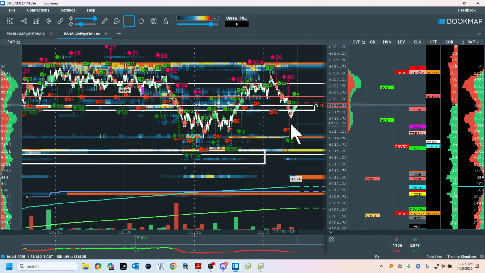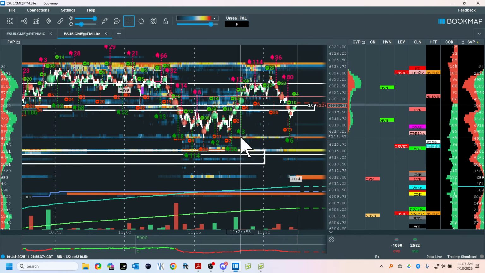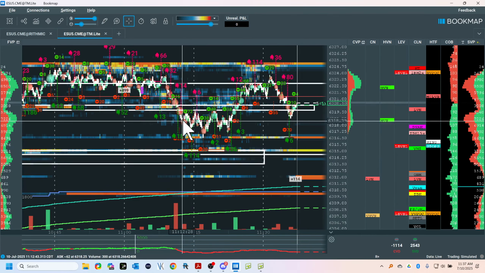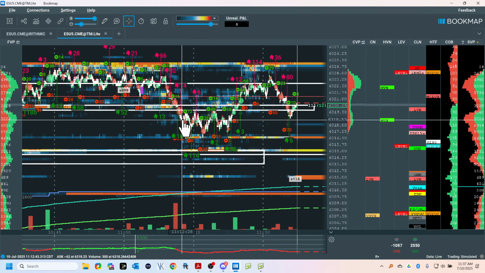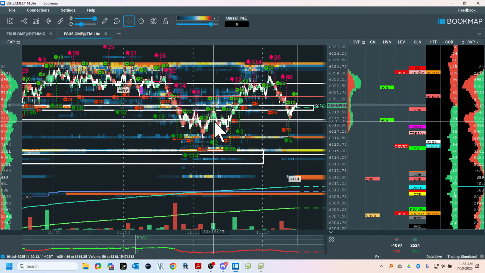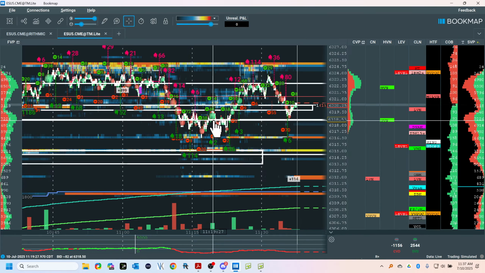I can't do it. Notice where the high volume node is. Let's look at this, and I've got to answer your question, JJ, about the measured moves. I use the IB extensions. Also, you can use any classical bar chart, our old stuff that we all learned in the Stone Age, pennants, triangles, any of that stuff works as well as anything. And it's not necessarily, I'm not going to use the term good or bad.